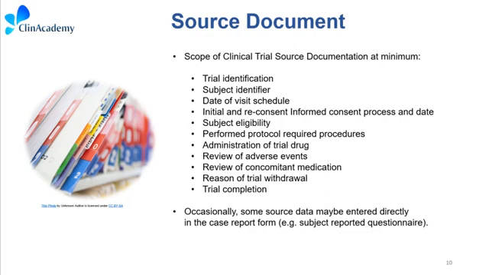In the real world, the scope of the clinical trial source documentation should include at minimum trial information such as trial identification, subject identifier, date of visit schedule, initial and re-consent, informed consent process and date, subject eligibility, performed protocol required procedures, trial drug administration, records of adverse events, concomitant medications, reason for clinical trial withdrawal by the subject, and trial completion.